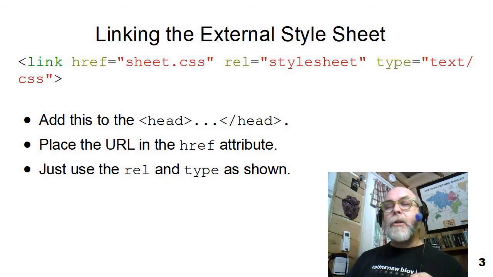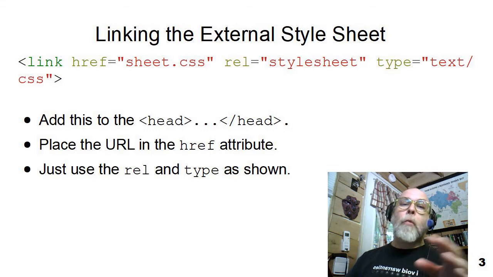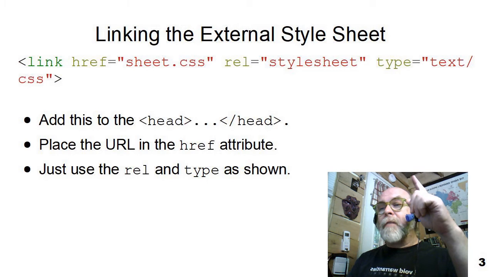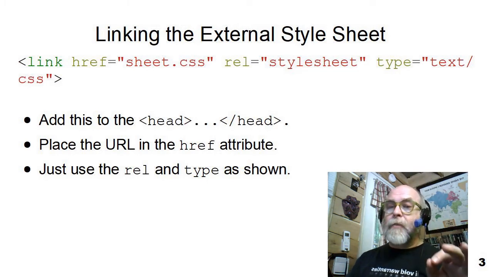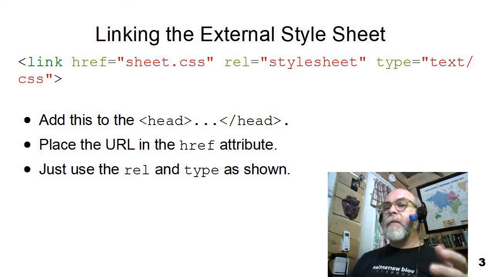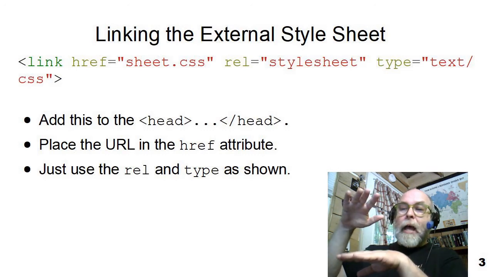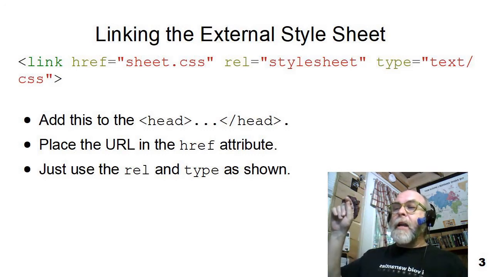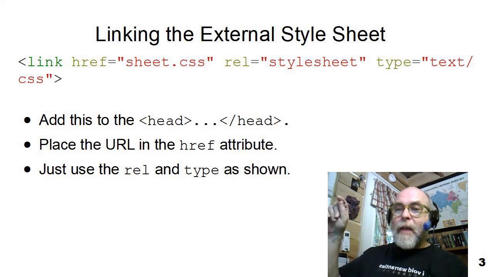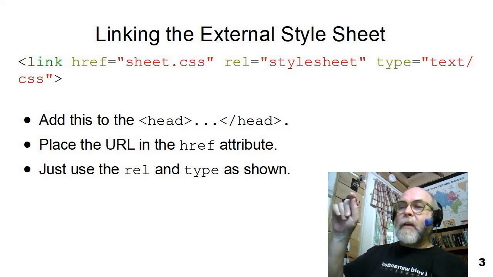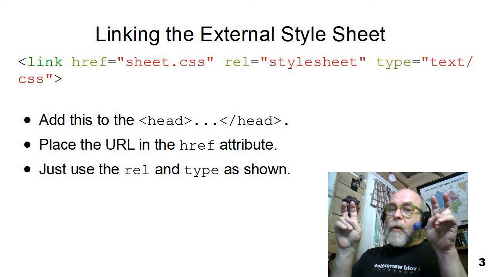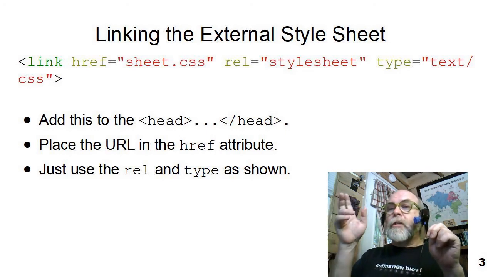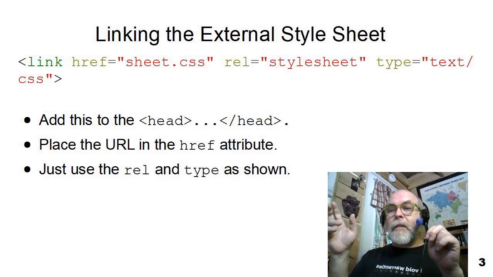The other thing you need to do is use your text editor to open up your HTML document and add a line that looks kind of like this to the head of your document. So in the previous example, we had the style embedded. Well, remove that and replace it with this single line in the head: link href equals the name of your file, whatever you named your CSS file, rel stylesheet, type text/css.